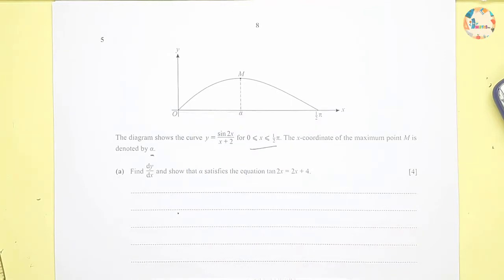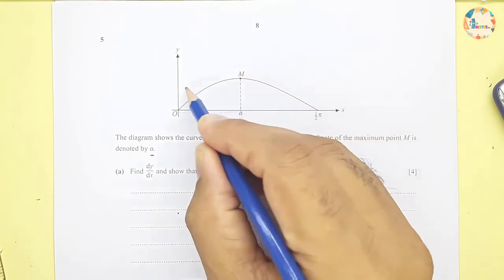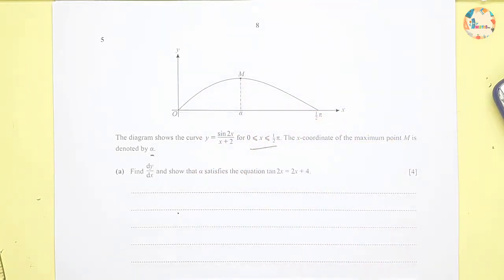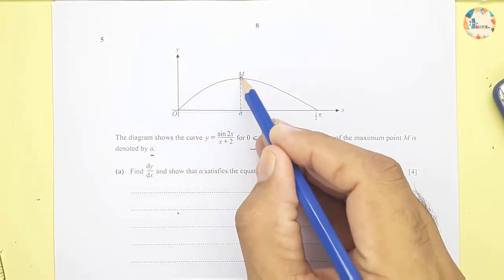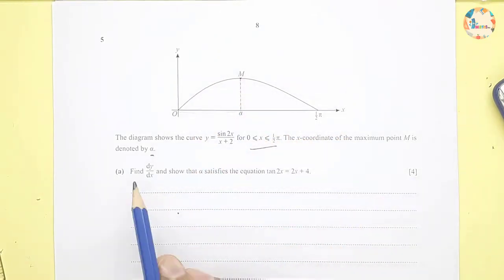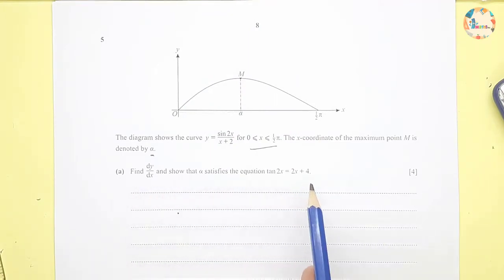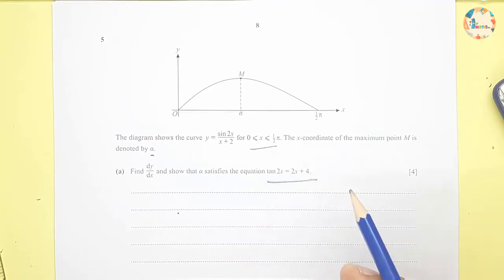The maximum point is M, and the x value for this M is alpha. Find dy by dx and show that alpha satisfies the equation tan 2x is equal to 2x plus 4.